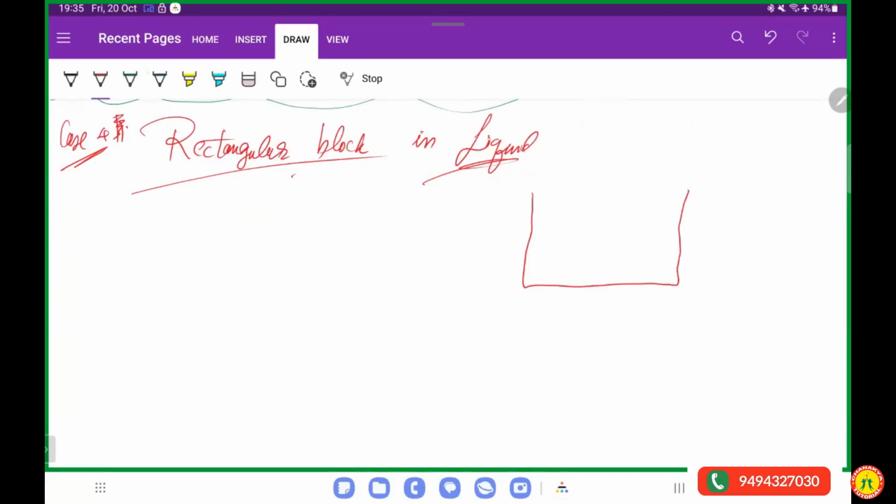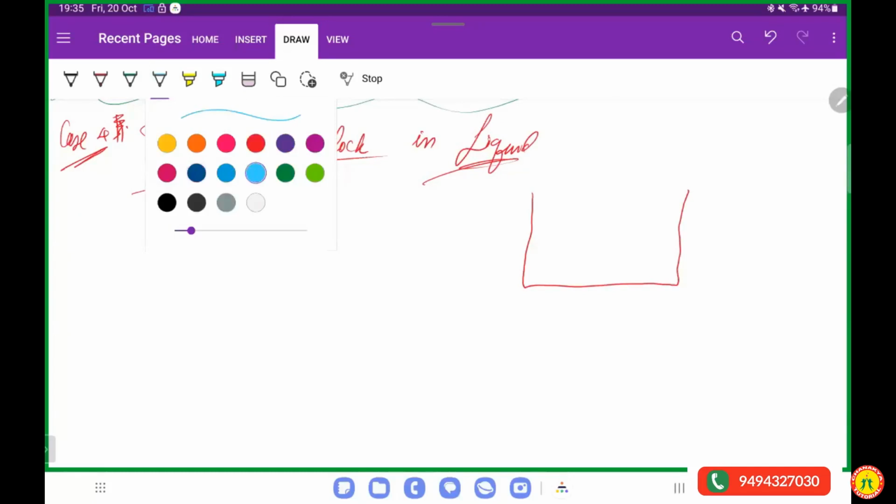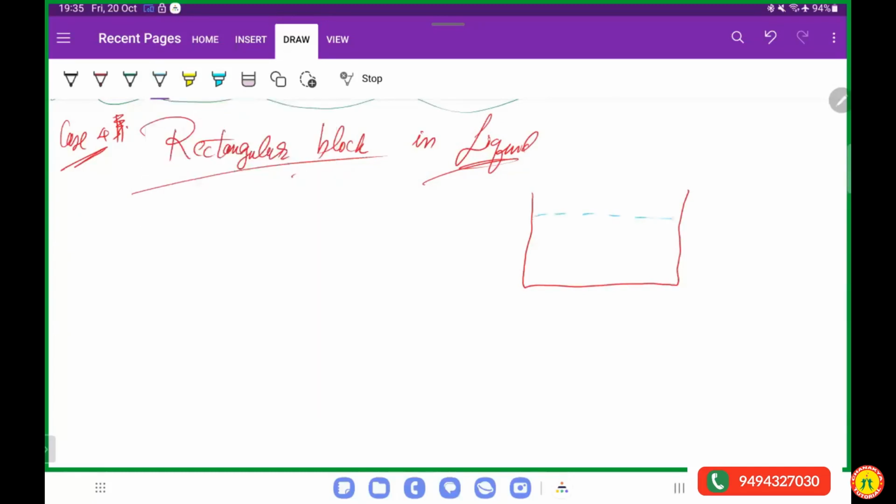This is your block, it will submerge a little bit.